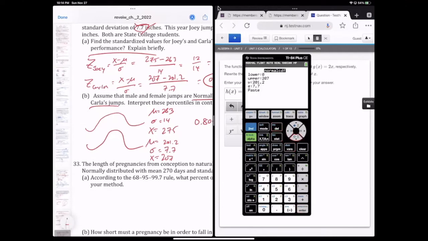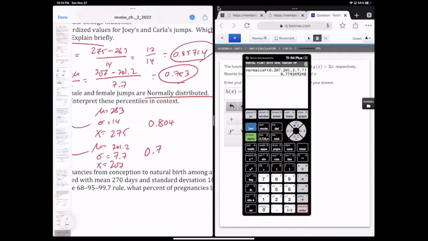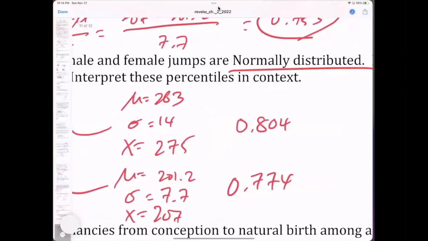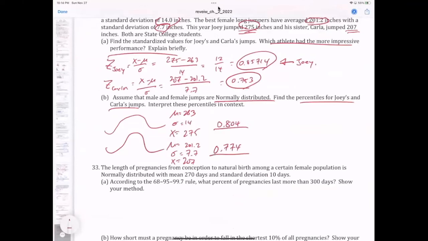Actually, I can just delete that. There we go. So we can press paste. And there we go. So we have the 77.4 percentile for Carla. And so those would be the percentiles respectively: Joey, Carla, the 80.4th percentile, and then the 77.4th percentile.